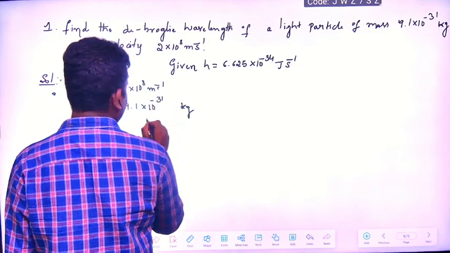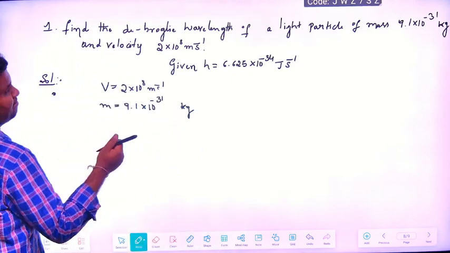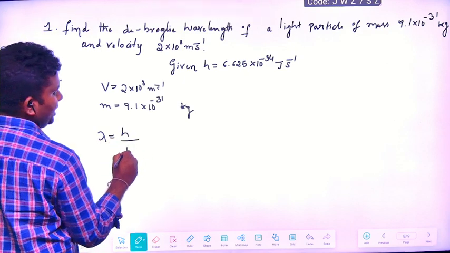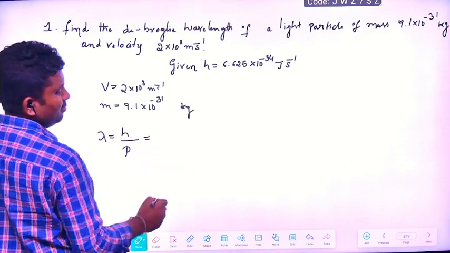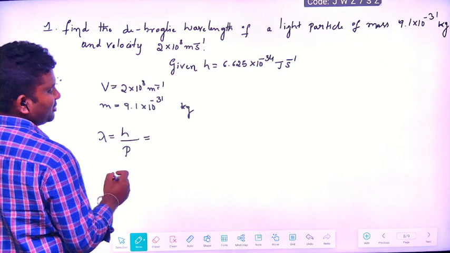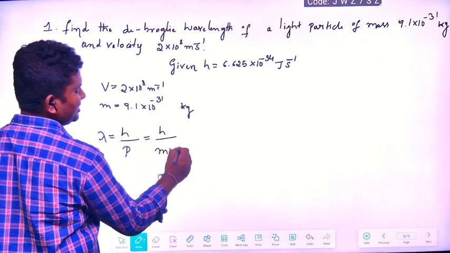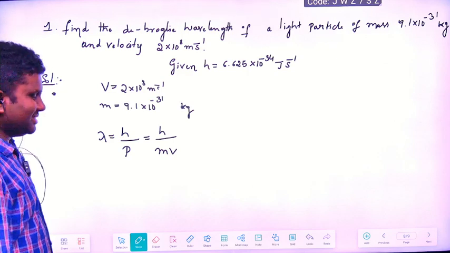Now, what is the de Broglie wavelength? Lambda is equals to h by p. p is momentum. h is Planck's constant. So h divided by momentum, which is mass into velocity. Easy it is.